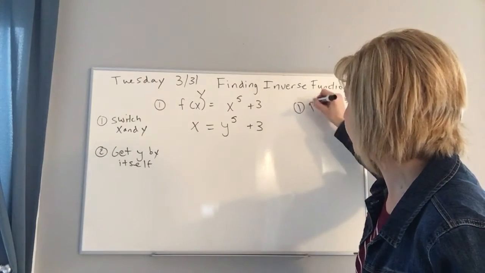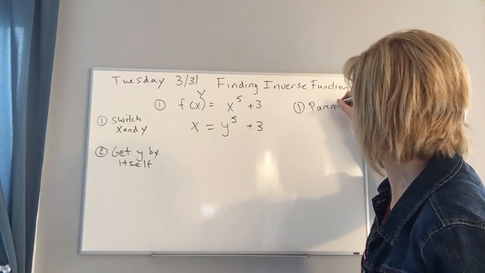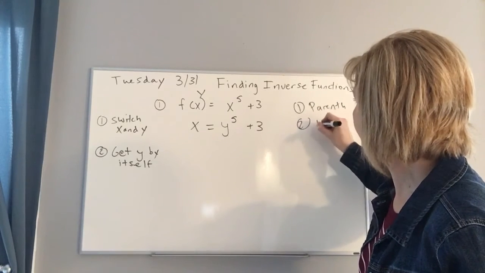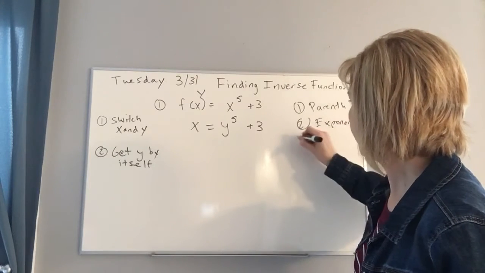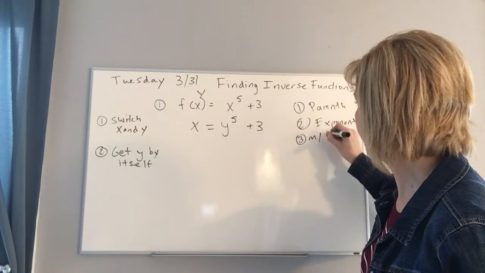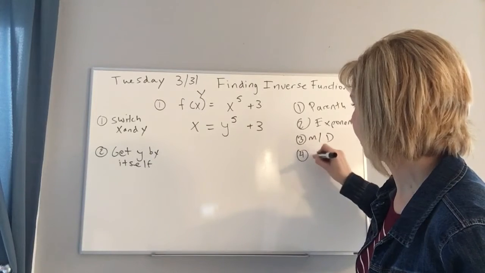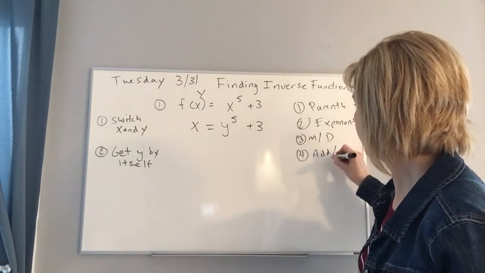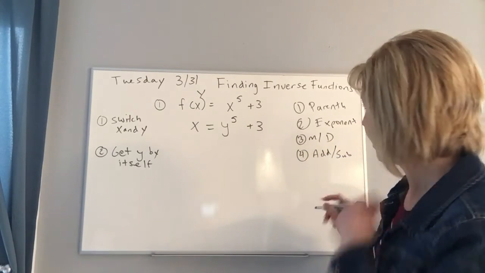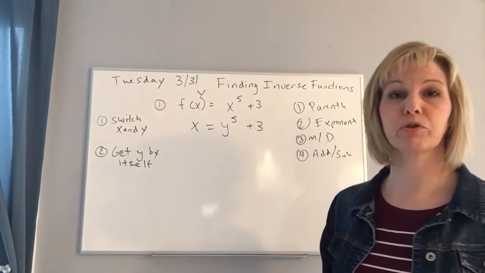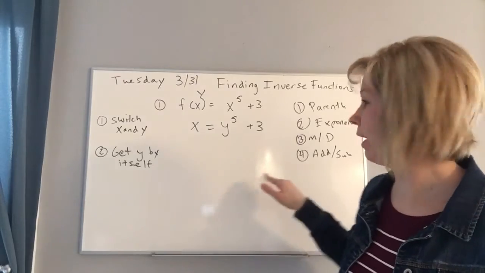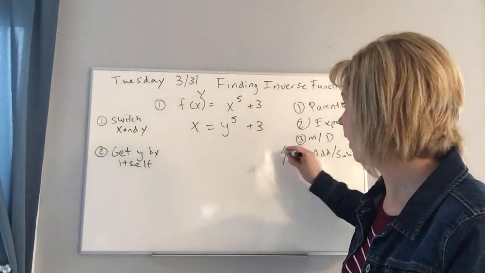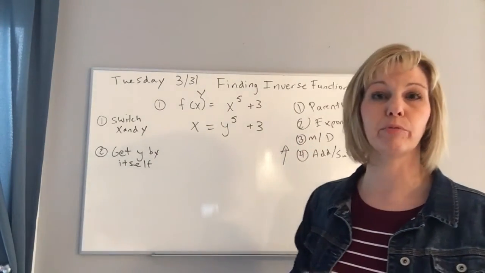The first thing is parentheses, then exponents, then multiply and divide, and then add and subtract. We know that from our middle school math. So when we're trying to find the inverse, we're working the order of operations in reverse, undoing things.